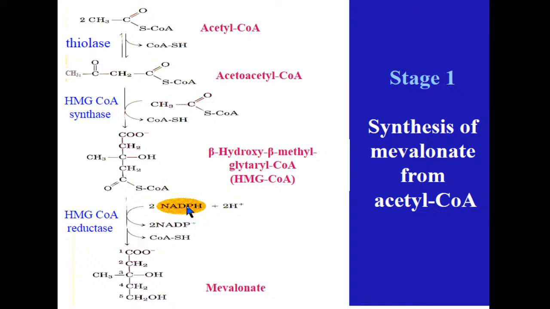If you remember, NADPH2 differs from NADH2 by the presence of phosphate in ribose. Phosphoribose is present in the structure of NADPH2, and usually this coenzyme is not used for the transport of electrons in the electron transport chain, but works in the cytosol as a donor of protons for reduction reactions.